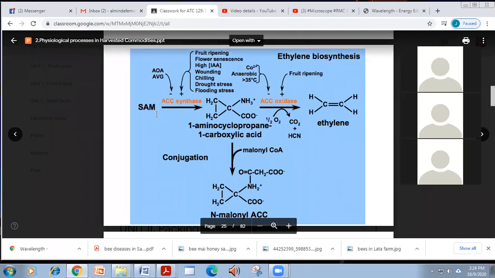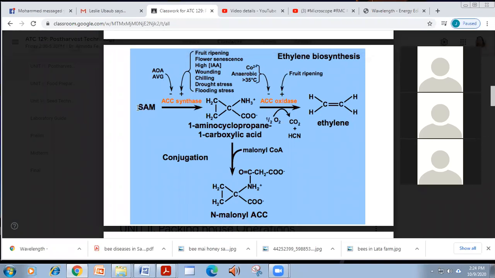We have here methionine, and we have an enzyme called ACC synthase. ACC is amino cyclopropane carboxylic acid.